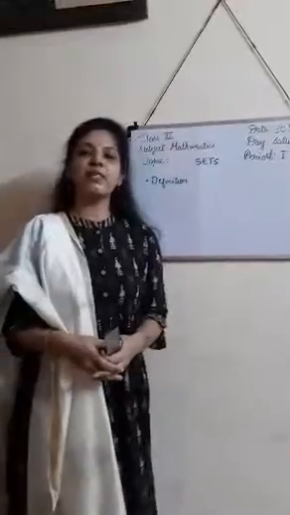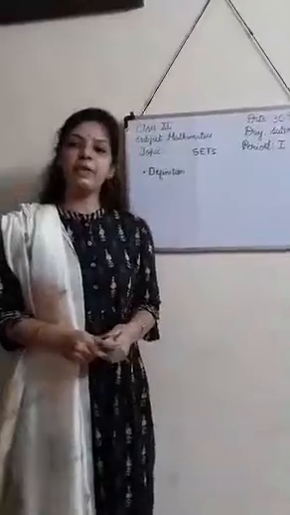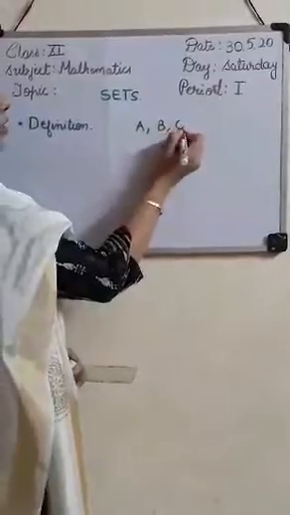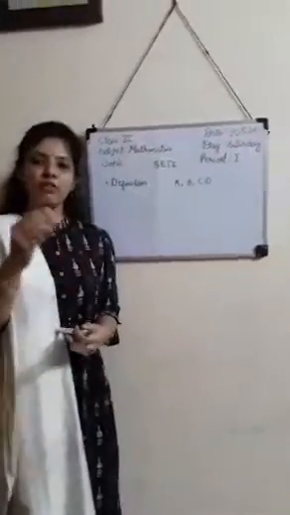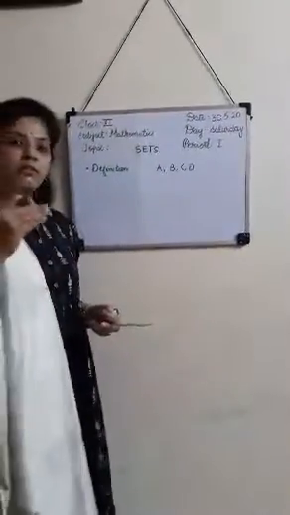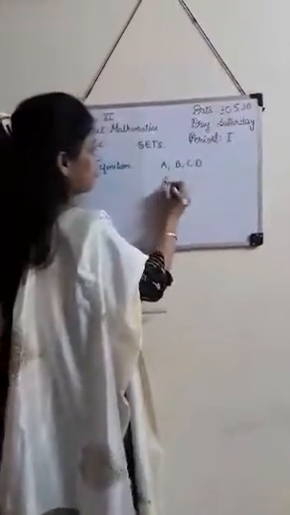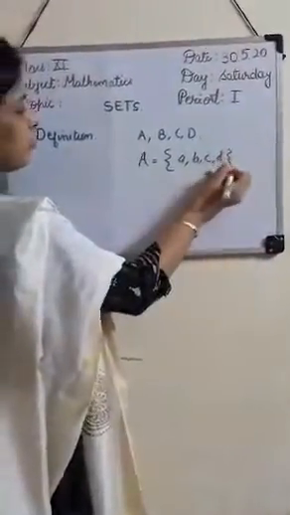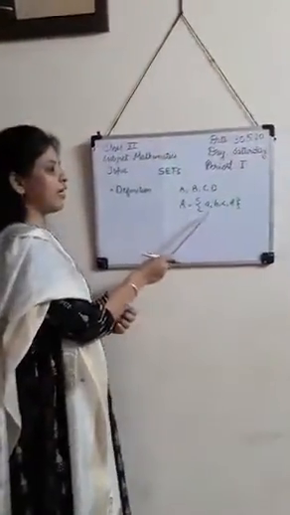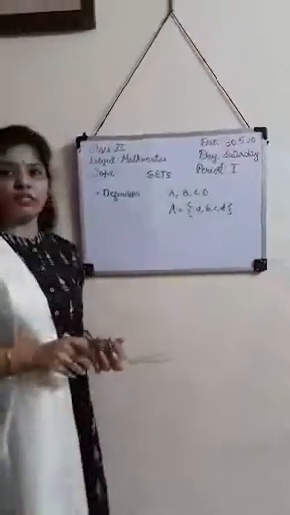Now, how to represent a set? A set is represented by a capital letter. The capital letter may be A, B, C, D and so on. And the elements of the set are written by small letters. Like if A is a set, then a, b, c, d are elements of the set.